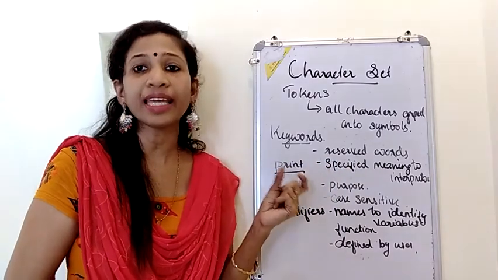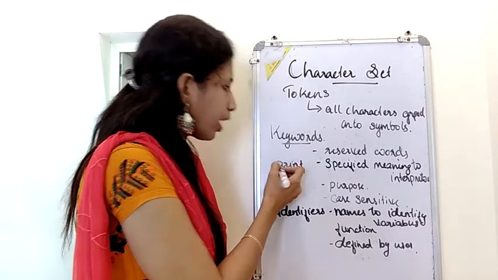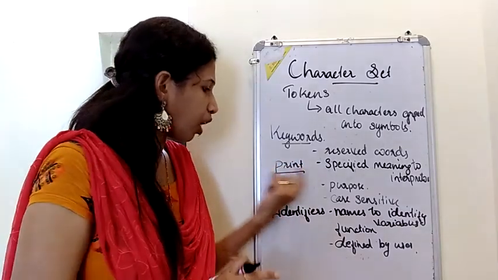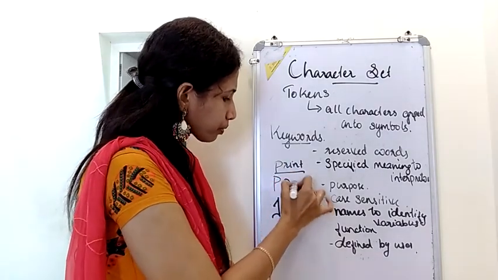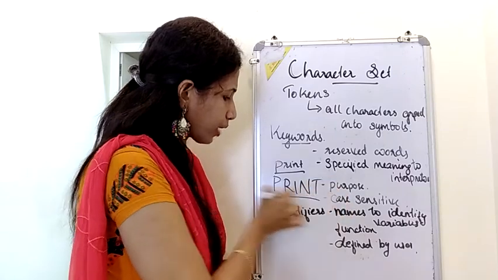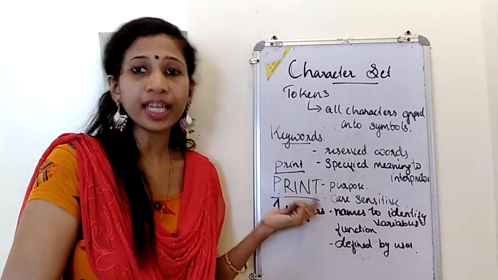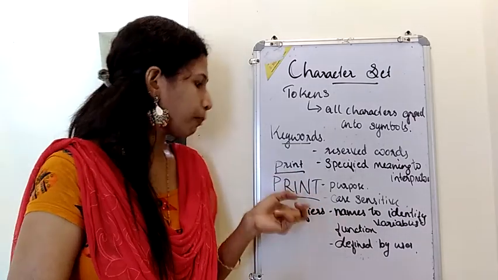Keywords are also case sensitive. The keyword print has all small letters. This print is different from that print. This one is a keyword, the other is just a variable name or a function name. So they are both different.